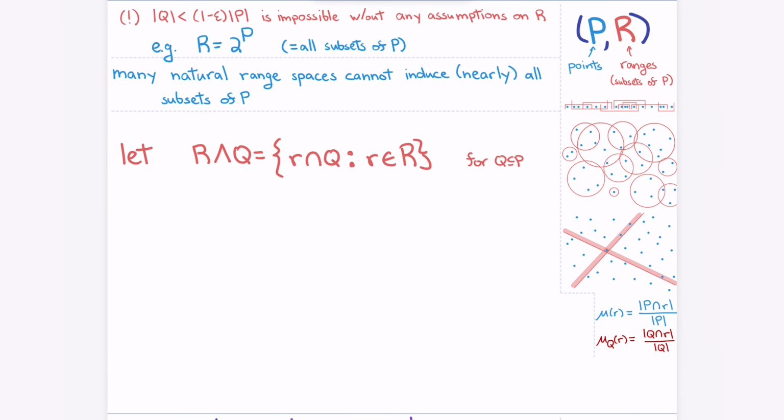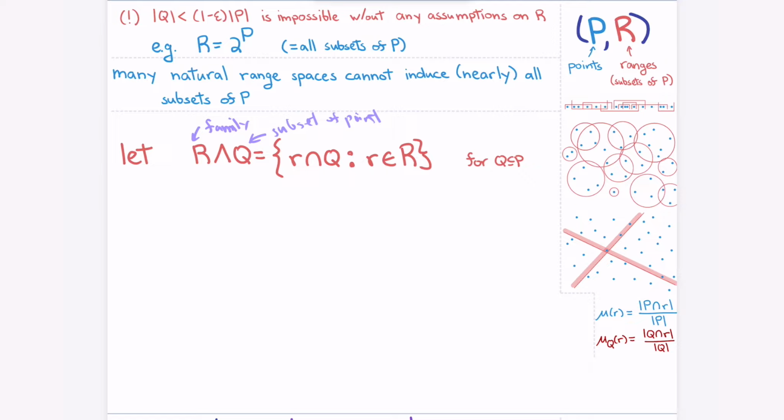Now, given a subset of points, I can look at all the subsets it induces over Q, right? I'm going to use this notation where this is my big family of sets, and I'm doing some kind of intersection with the subset of points, and that's going to be the family of ranges.